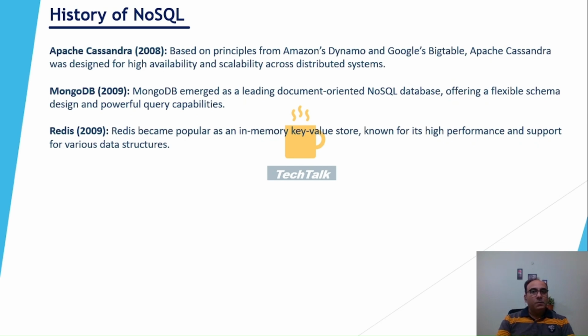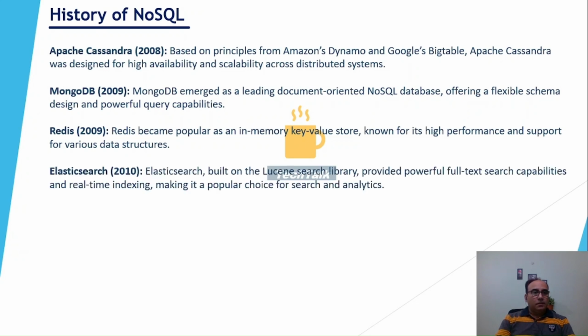It's also an in-memory storage database, wherein your session information and your user summary have to be maintained. For those purposes, these kinds of databases are quite useful and offer great performance. Then we have Elasticsearch in 2010. It offers full text search capabilities.